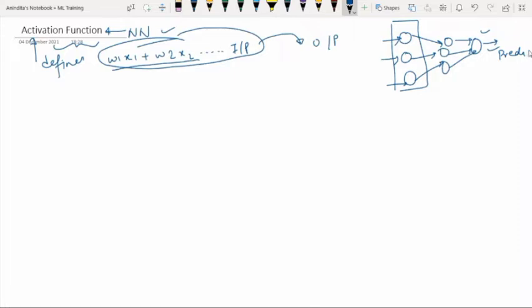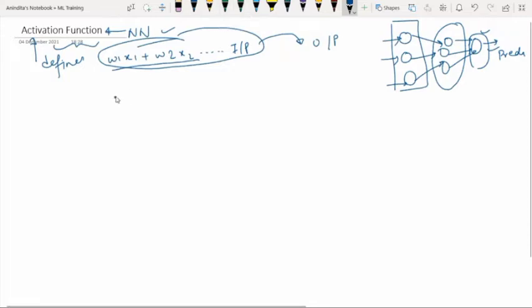Now first we will talk about the activation function, meaning how we can define this activation function in the hidden layer. Then I will move on to the activation function defined on the output layer. So first focus on the hidden layer. There are perhaps three activation functions you can consider or find.